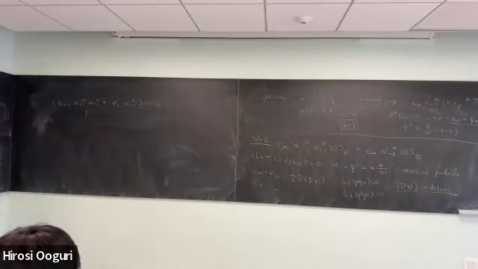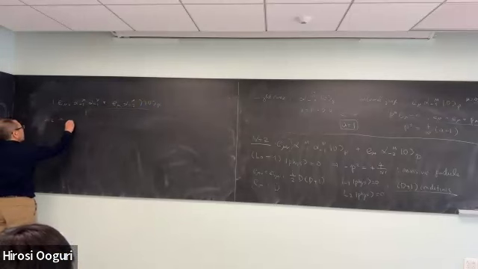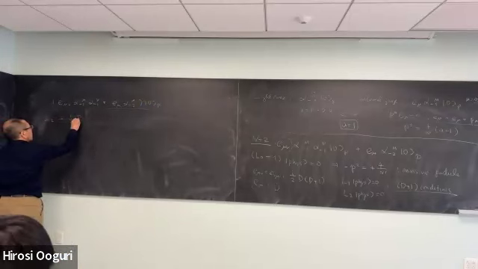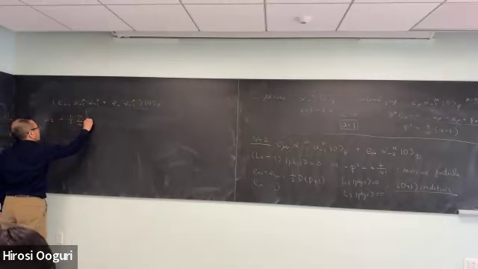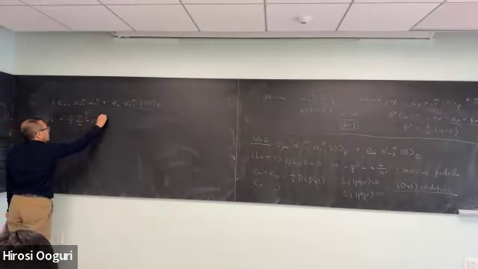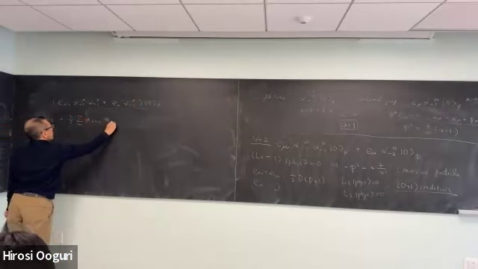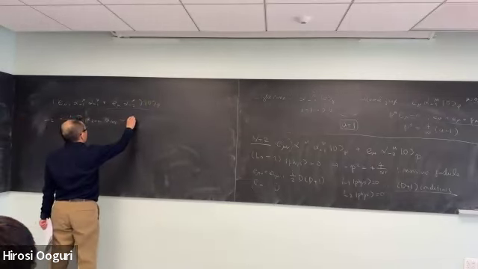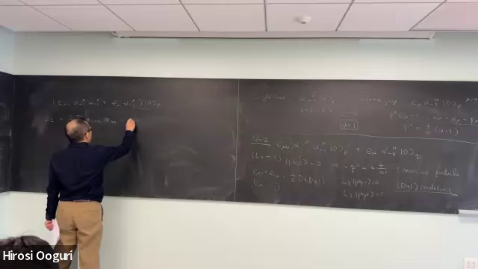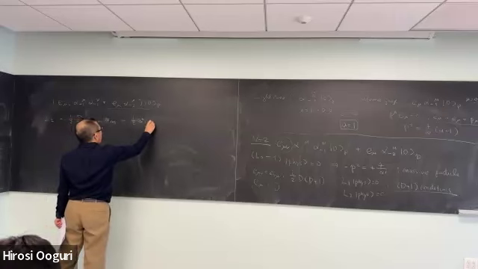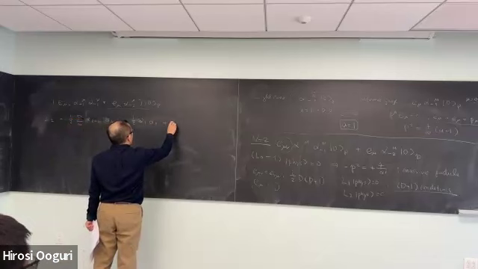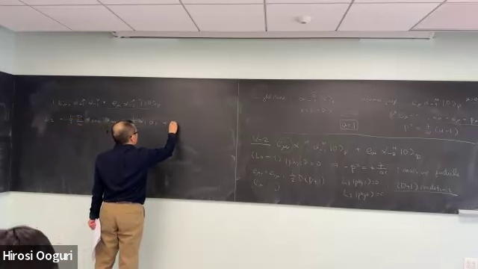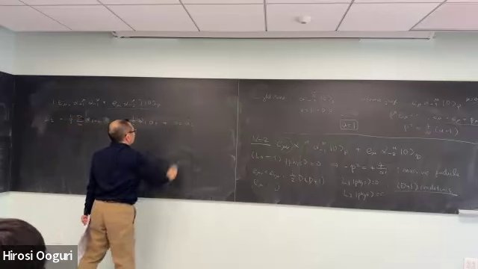Okay, so let's first consider L2. So L2 is a linear combination of alpha 2 minus m, alpha m. So let's look at the relevant terms. So this contains in particular alpha 1. So if m equals 1, you have alpha 1, and then another relevant term is alpha 0, alpha 2.